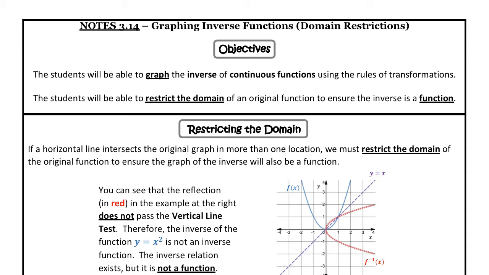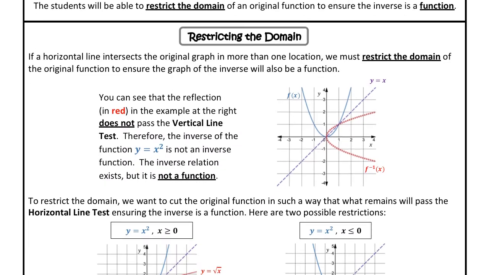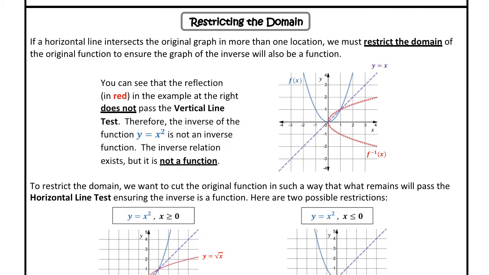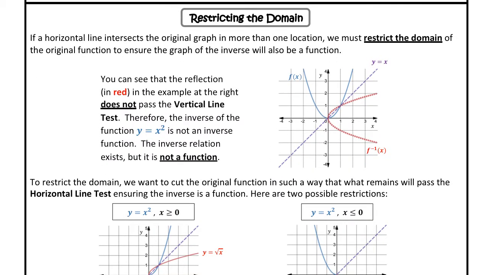Okay, so let me move this up, and then we can read the intro. If a horizontal line intersects the original graph in more than one location, we must restrict the domain. Okay, so in this picture, let me just draw arrows here and here.